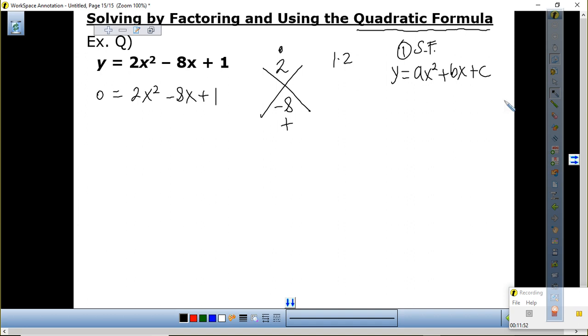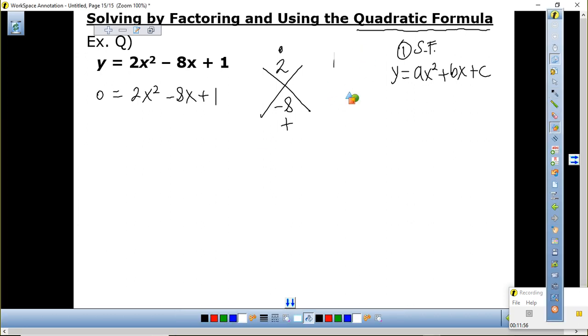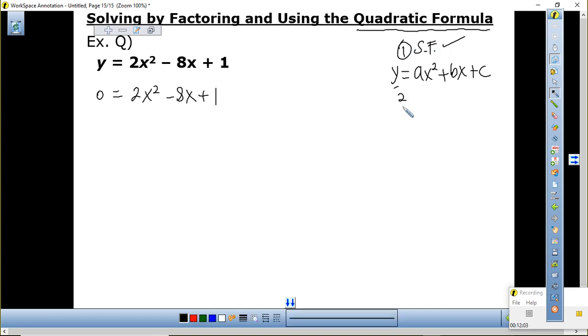So here goes the process. Pay attention, please. Look up. So we already know step 1, right? Check. Here goes step 2. Look up, please. Here it goes.